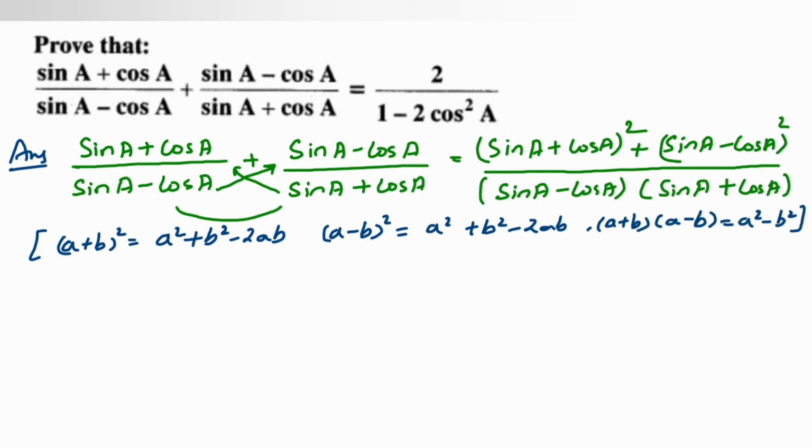So the first one you can see it's like a plus b whole square. So we're going to use the first identity. From here we'll get a is sin and b is cos.